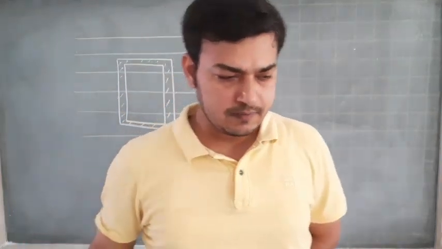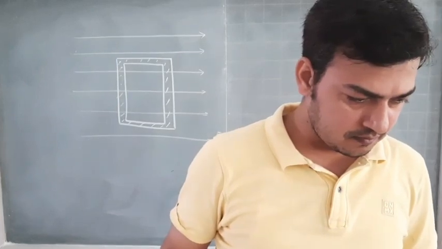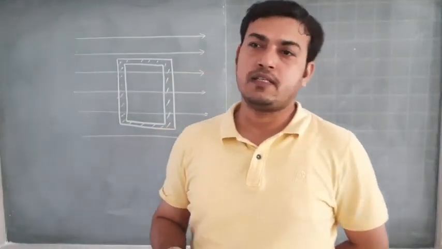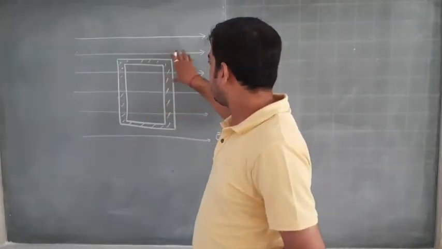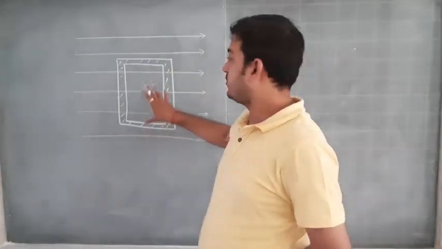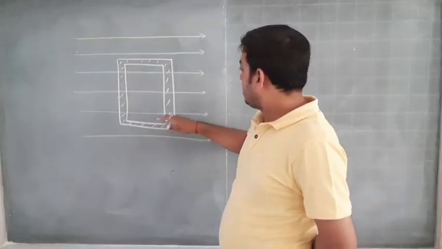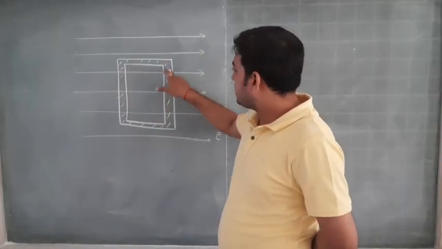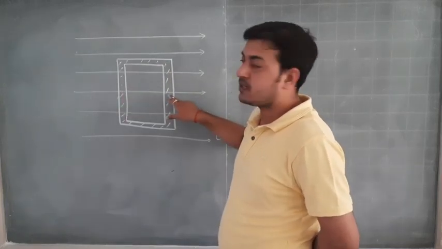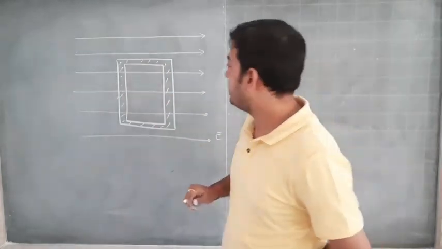So if I place a conducting box inside this electric field, the situation cannot be the same as you are watching here, since the electric field lines in this situation are just crossing inside the conductor, and we know this is not possible.